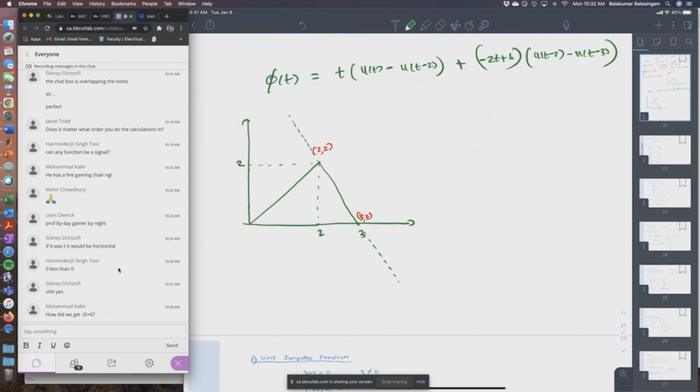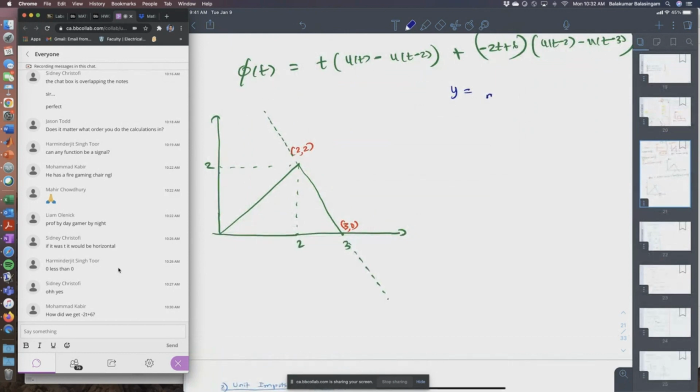How do we do that? We know that the equation can be written as y is equal to mx plus c. There are many ways to do this, but that's a general equation for a straight line. We know 2 points. One is (2, 2), so let's apply those points.